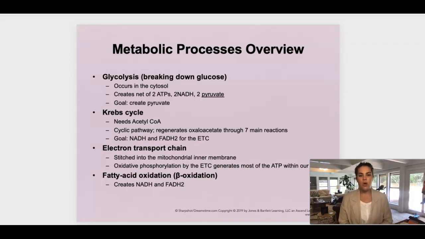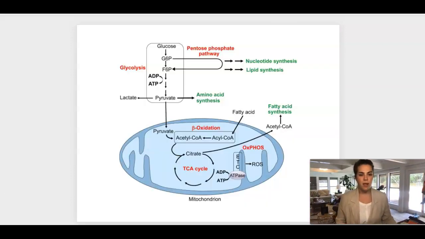Okay, so moving on, these are the 4 main pathways that we're just going to overview today. Again, we're going to get much deeper into these with each of the chapters that we discuss later in this course. But you have the printout of the major metabolic pathways diagram that I have in here.